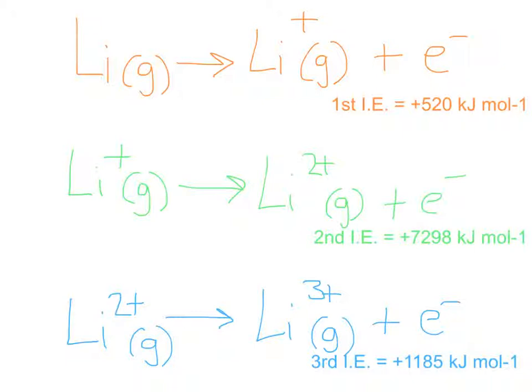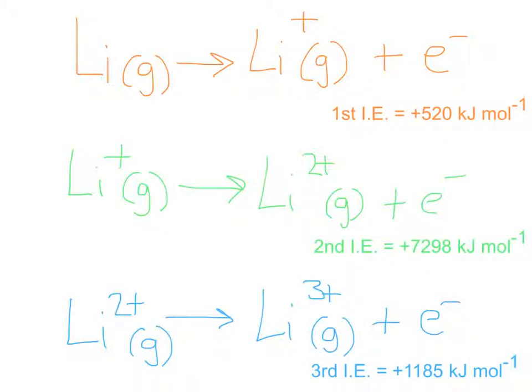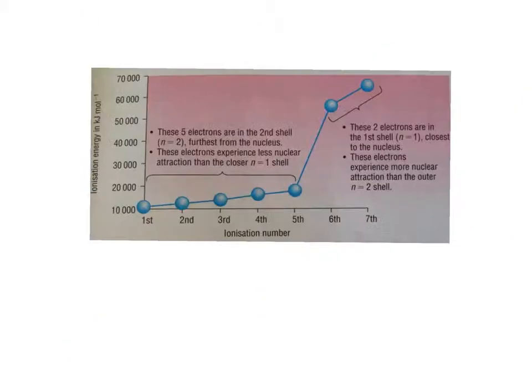This large increase shows the second electron has been removed from a different shell close to the nucleus with less shielding from inner electrons. So that first electron that was removed, the first ionisation energy, is a lot lower than the second because it is in a different shell. It has the shielding from the inner electrons, and that provides us with evidence for shells. We can demonstrate this in a graph as shown on the next slide.